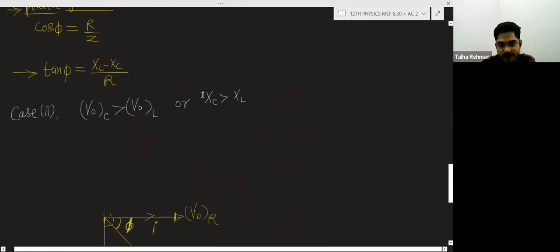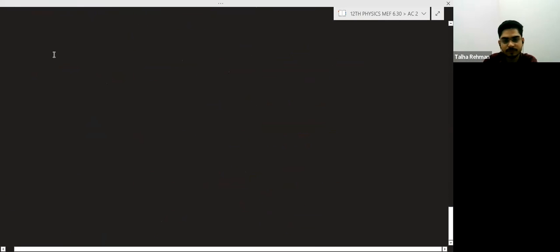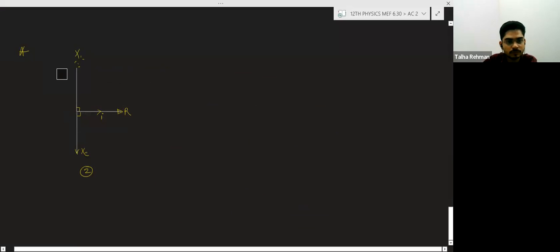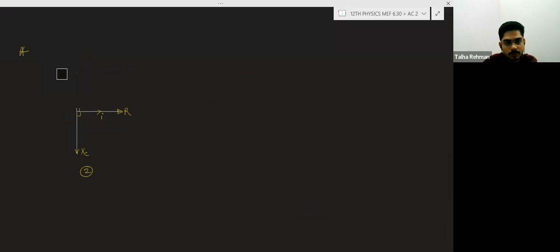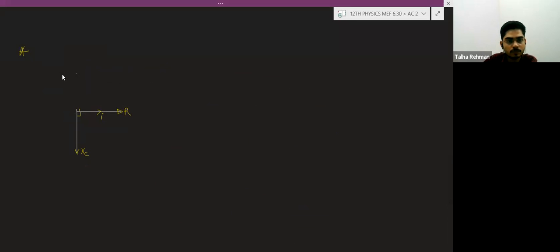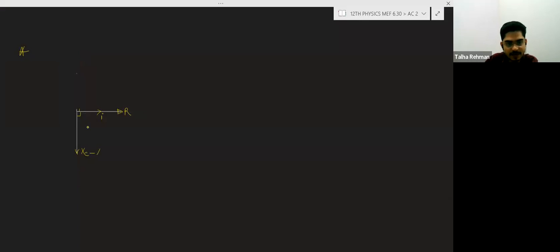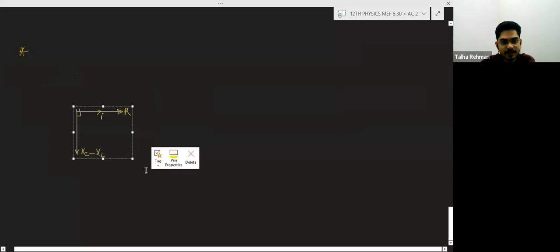We are discussing this case, XC is greater than XL, so we can just modify it like this. This will become XC minus XL.